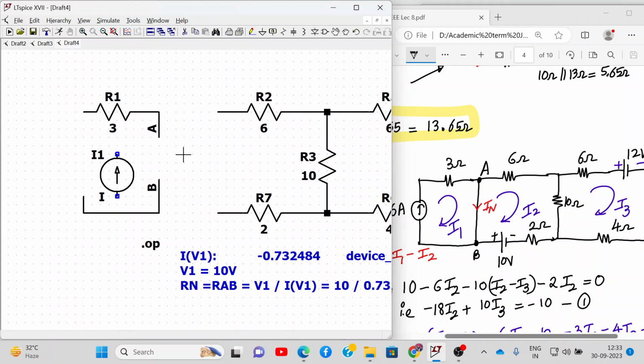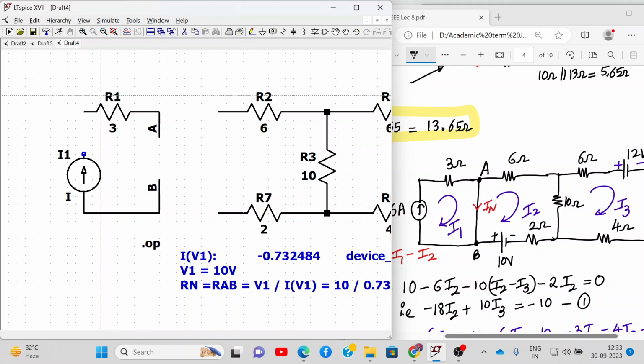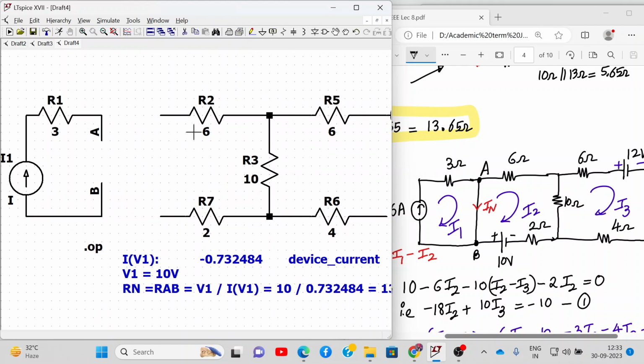Little bit more this side, and then I'll push this current source over here. Okay, I'm remodifying the circuit so that we can calculate ISC directly. Then we have to add a voltage source over here like this directly. Yeah, so this is A and B.